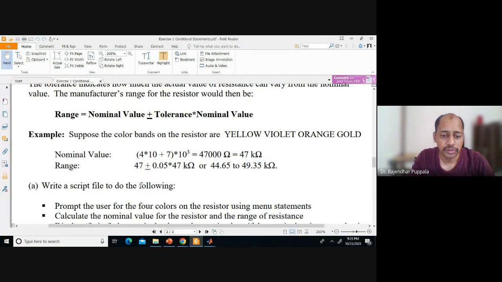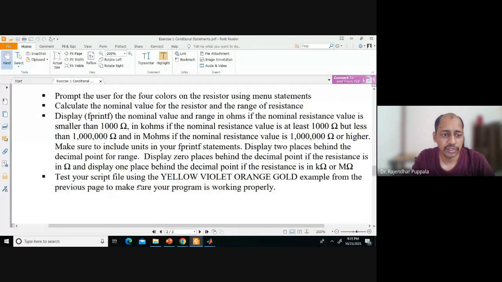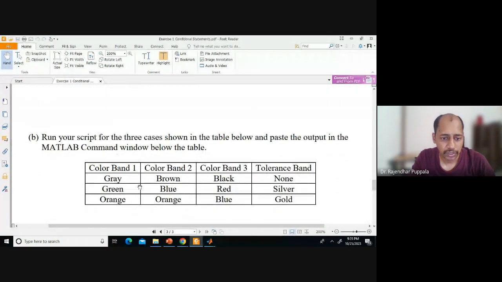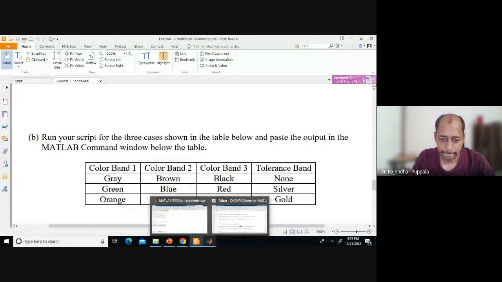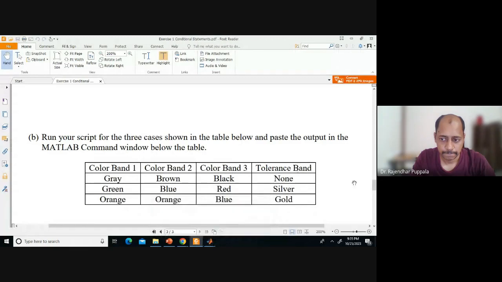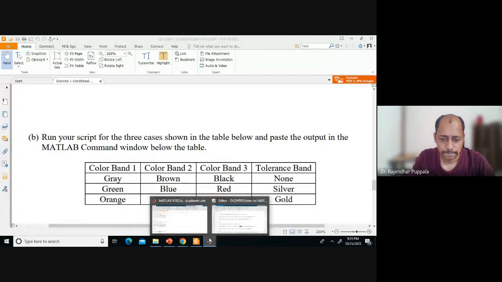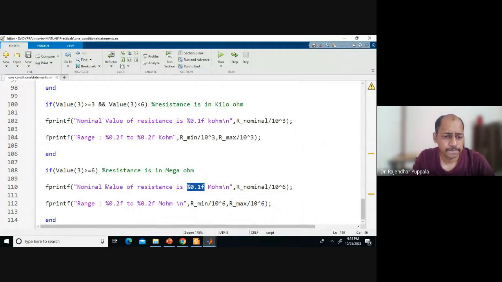Now in the similar way, you can check for the remaining color codings: gray, brown, black, and none. None means missing, right?